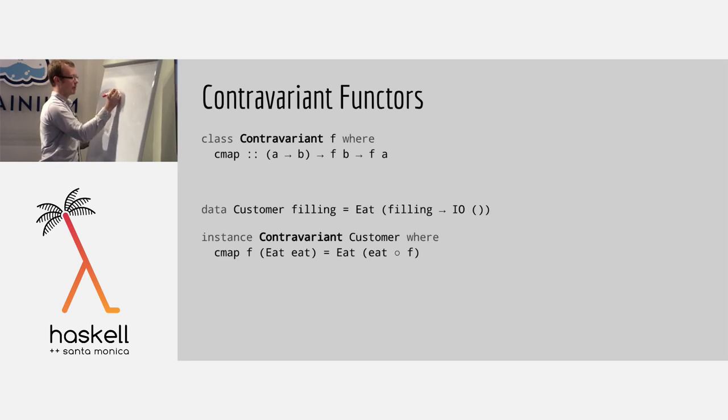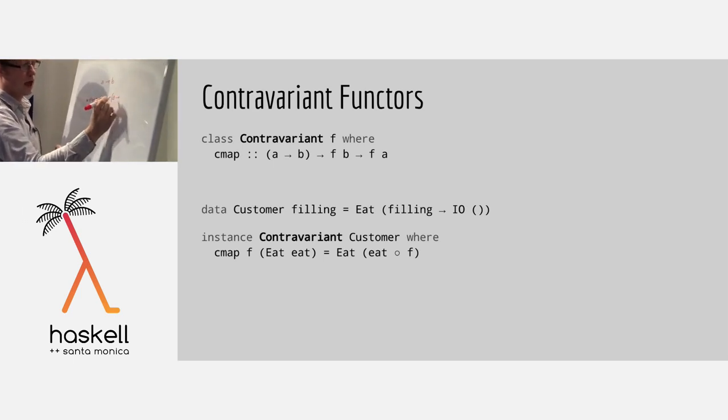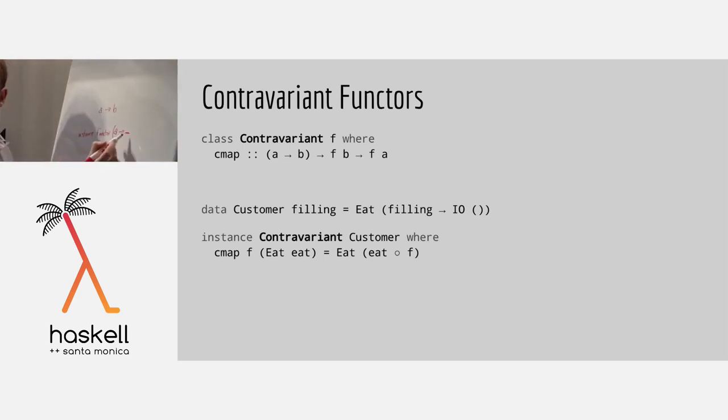So I have A to B. Let's say I want to write an instance of functor for the second argument. So we fix the first argument, and we want to show that it's functorial in this piece.